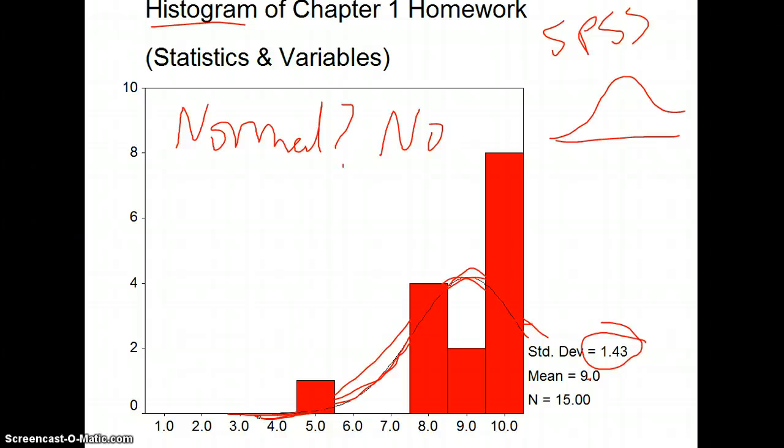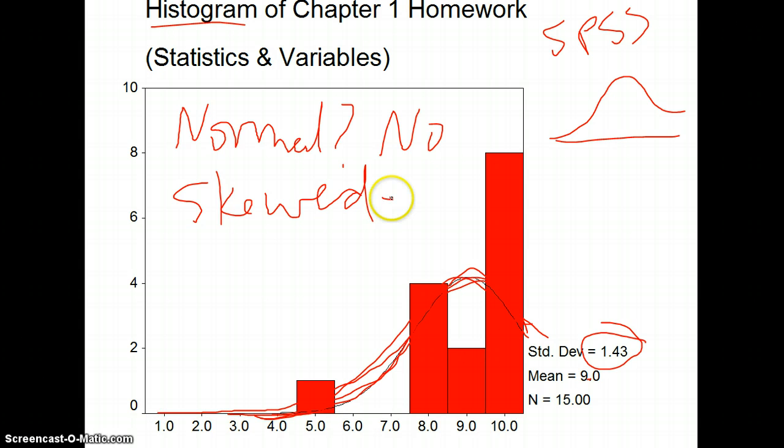What is it then? Well, it's skewed. Is it positively or negatively skewed? Because the tail trails out towards the left, we call that a left skew or a negative skew. And we could actually take a look at that if we wanted to.